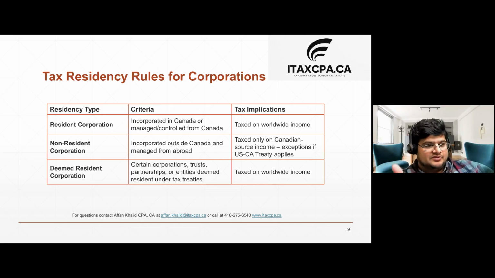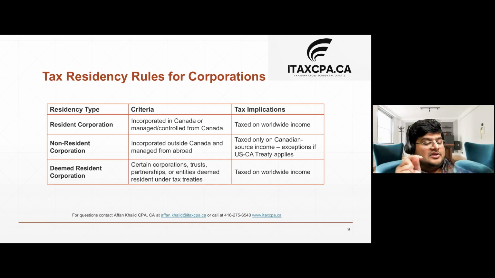For a non-resident corporation, in the absence of the treaty, they are generally subject to tax on Canadian source income. In the context of the tax treaty between the US and Canada, we get into the permanent establishment rules and residency rules and so on. But again, a non-resident corporation is taxed on Canadian source income only, unless your mind and management or board of directors are in Canada, then there can be other issues.